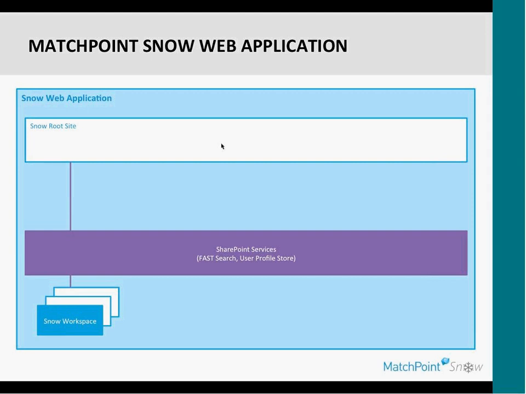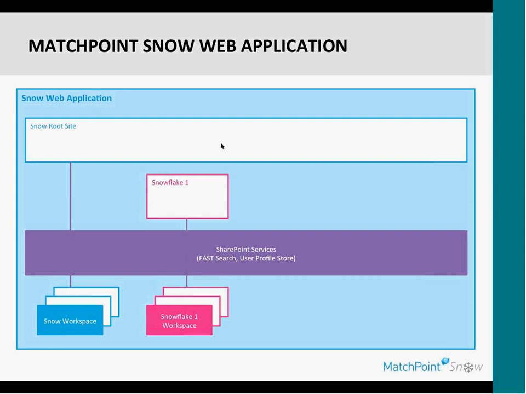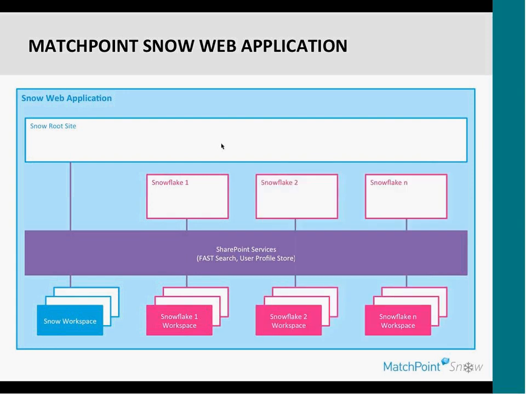We have the Snow root site collection and the Snow workspaces, which constitute the functionalities of MatchPoint Snow. And then, depending on how many snowflakes we might be using, we have a site collection for each snowflake, on which we have the content pages for that snowflake, and we have the snowflake workspaces themselves. So that's an overview of the architecture of MatchPoint Snow.